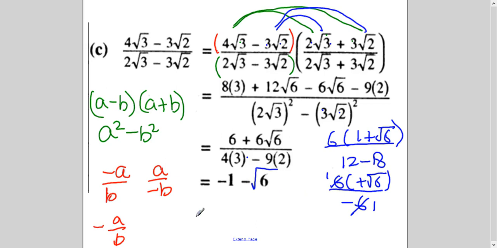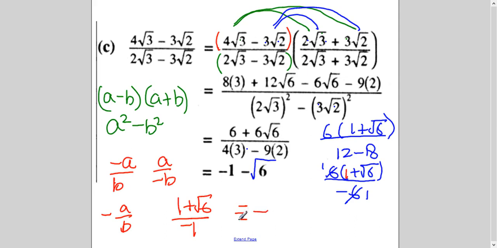So in this question, if I get 1 plus root 6 over minus 1, what does it mean? It means minus bracket 1 plus root 6. And when minus multiply by this, you will get this. So this is the basic concept here.